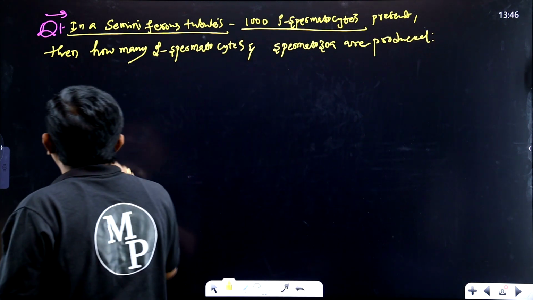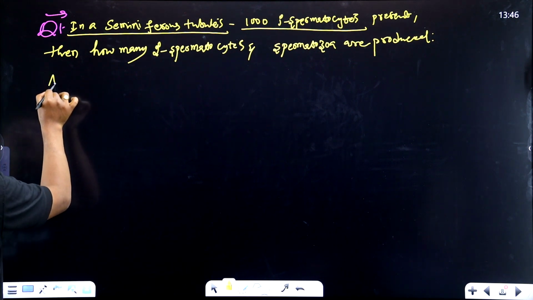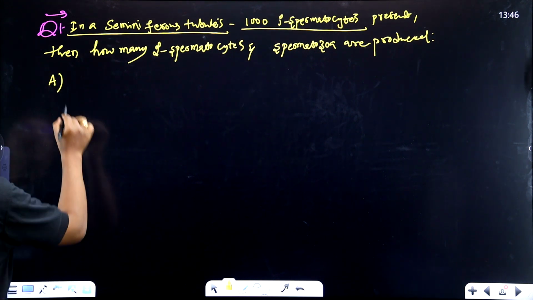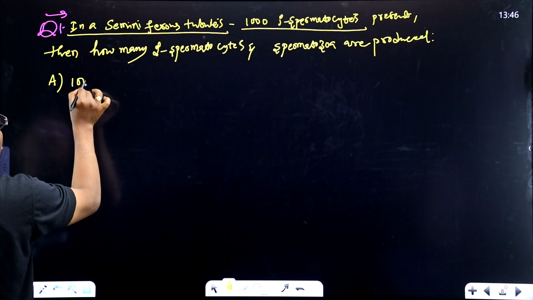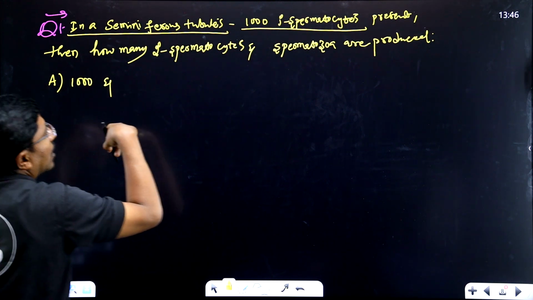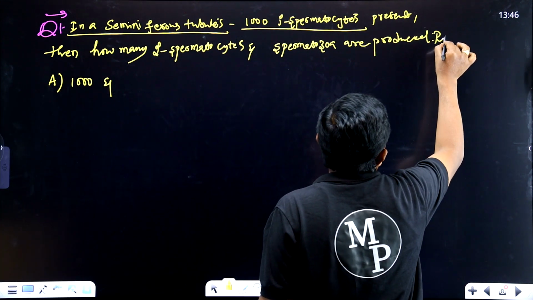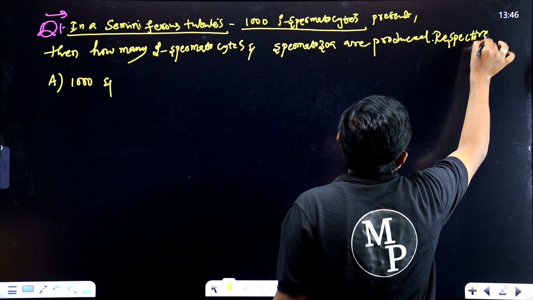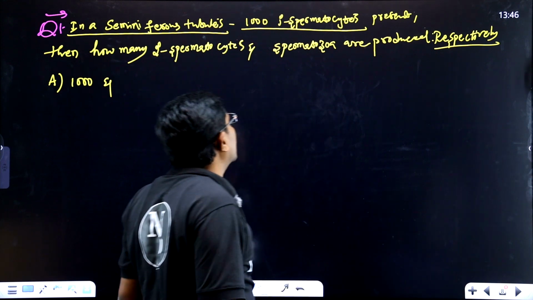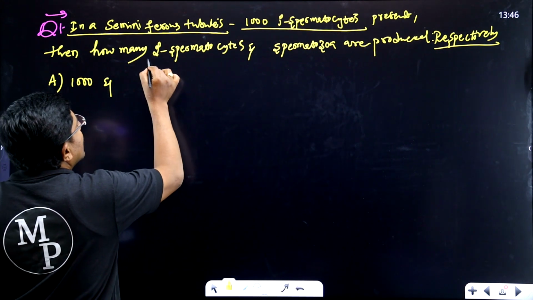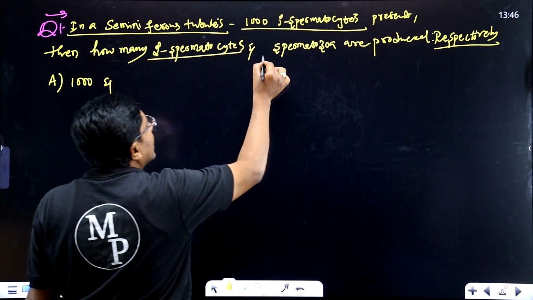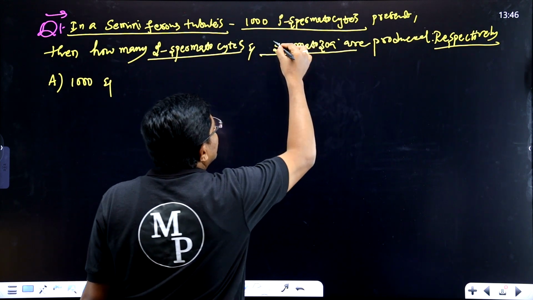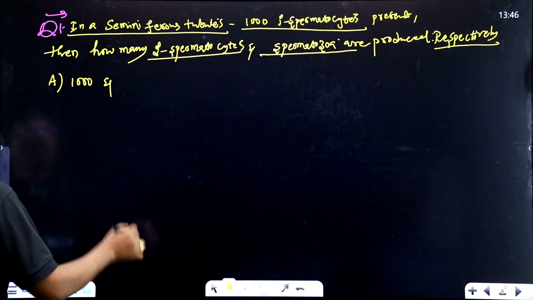Option A: 1000 and 2000, produced respectively. You should use the word respectively: first you find the secondary spermatocytes, second you find the spermatozoa.